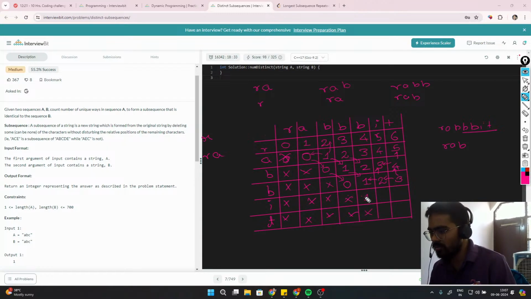Why 1? Because if you see till here we have RABBB and we have RABBI.